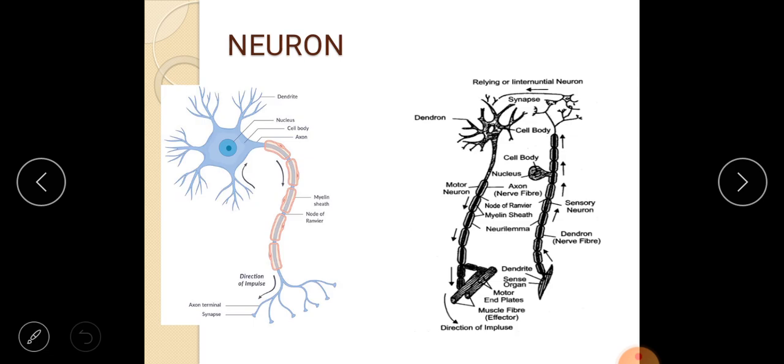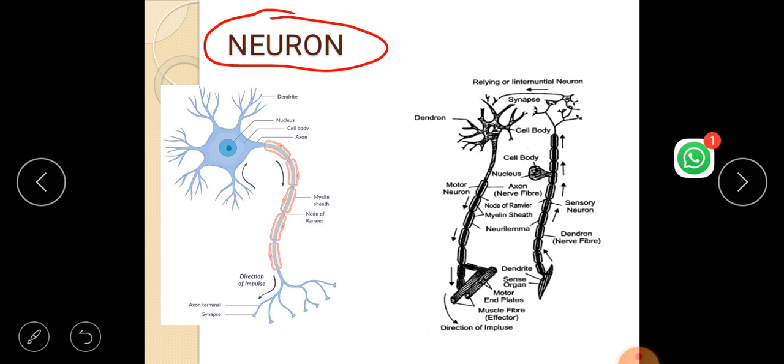The structural and functional unit of the nervous system is the neuron. Neurons can be classified on the basis of function as well as on the basis of structure. On the basis of structure, there are 3 types of neurons. Number one, the unipolar neuron.